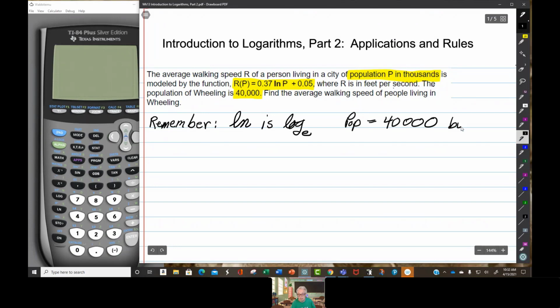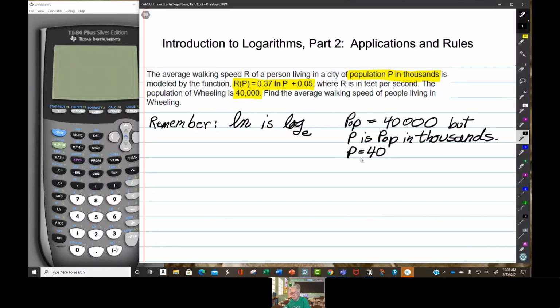But P is the population in thousands. So the thousands is already taken into account. So for that reason, P is going to equal 40. Okay? So not 40,000, but 40.